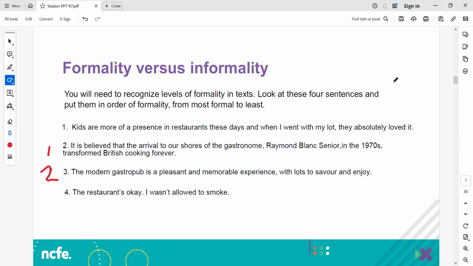So we've got a subordinate clause. We've got with lots to savour and enjoy. So we could have the sentence without that clause and it would still make sense. So we've got a more complex sentence than some of the others. The vocabulary used is more formal. The modern gastropub, it's pleasant, memorable, lots to savour. The choice of vocabulary indicates the formality as well.